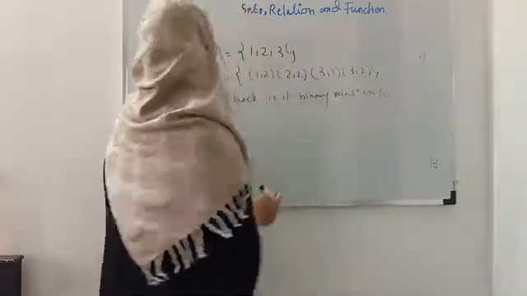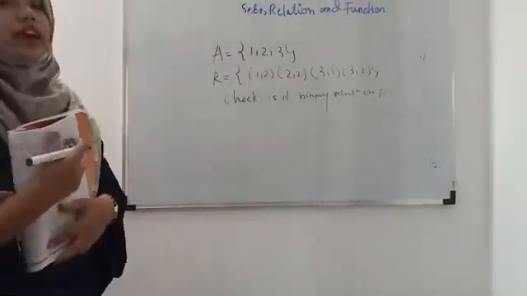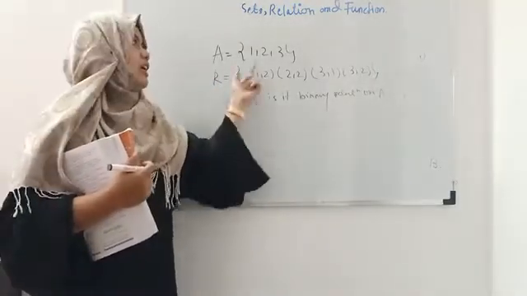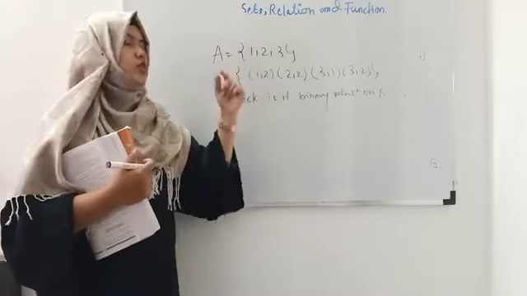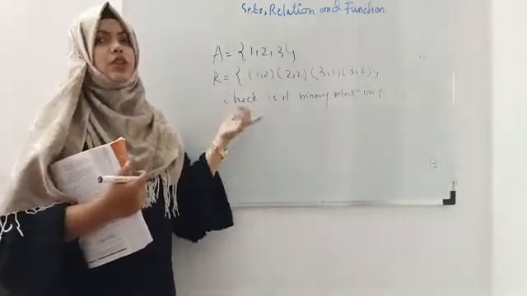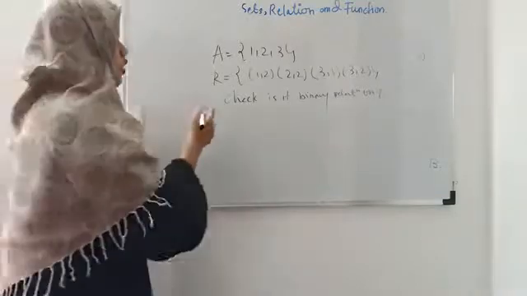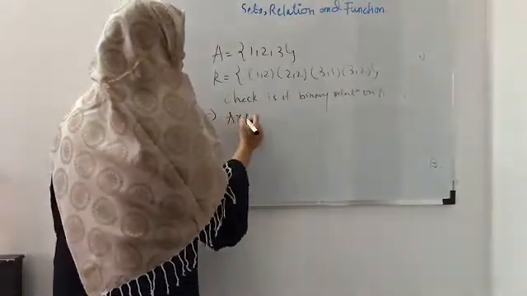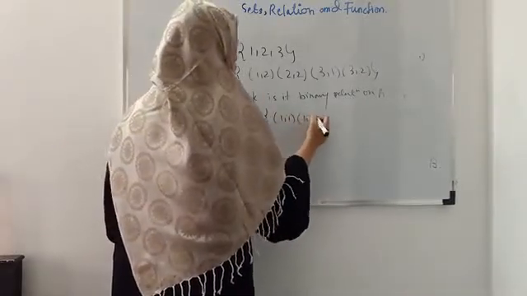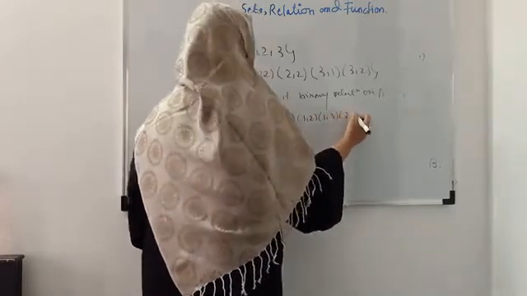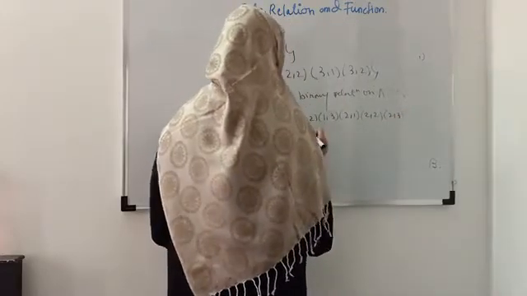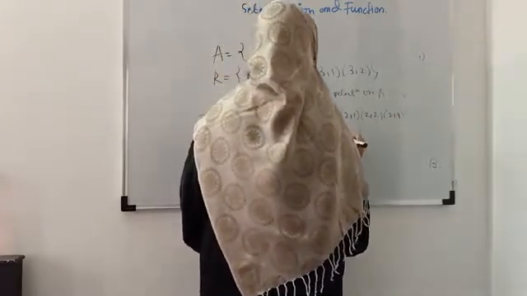For a binary relation, what do we have to check? Binary relation means every subset of A cross A is a binary relation on A. So to check whether this set is a binary relation or not, we need to check whether it is a subset of A cross A. First of all, we will find A cross A. That means the Cartesian product: (1,1), (1,2), (1,3), (2,1), (2,2), (2,3), (3,1), (3,2) and (3,3).